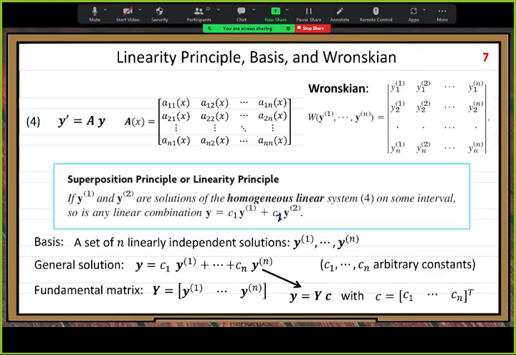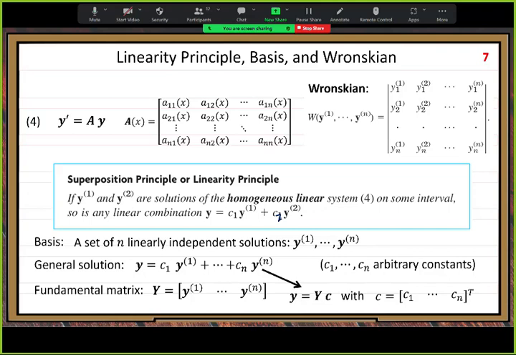Let's take a closer look at this Wronskian determinant, at the rows and the columns. Each column corresponds to one solution in the basis.